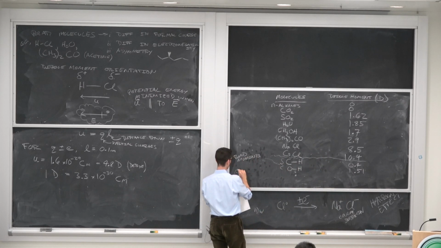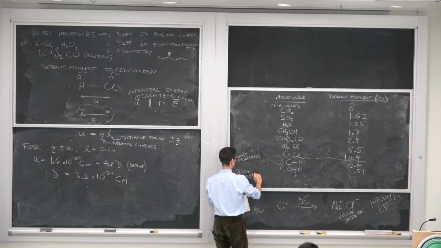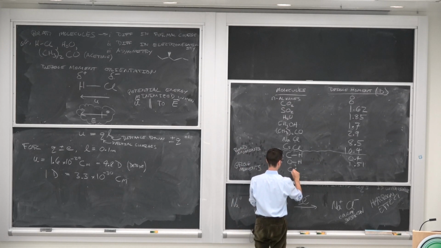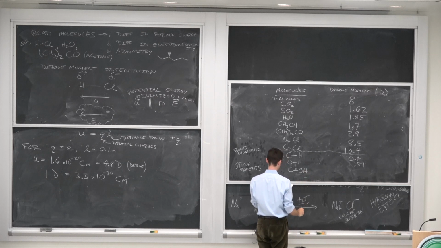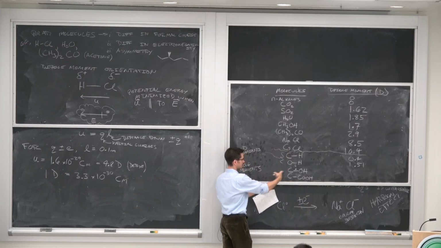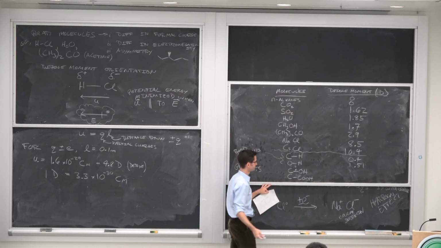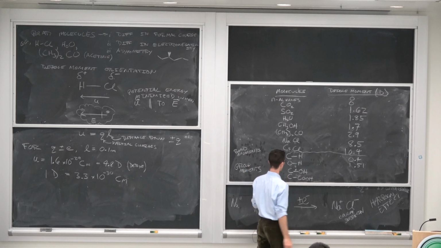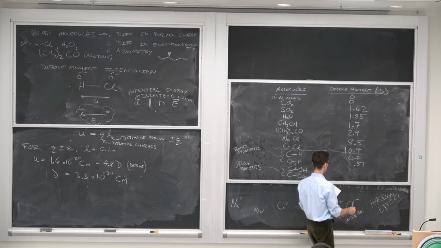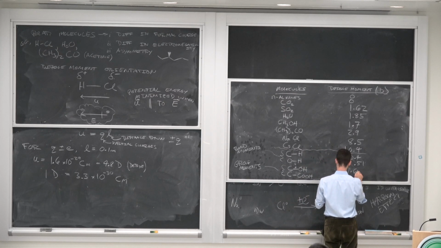Or we can also have group moments, like COH or COOH, where whatever is sticking off of the carbon atom could be anything. For these group moments, we have 1.65 and 1.7.